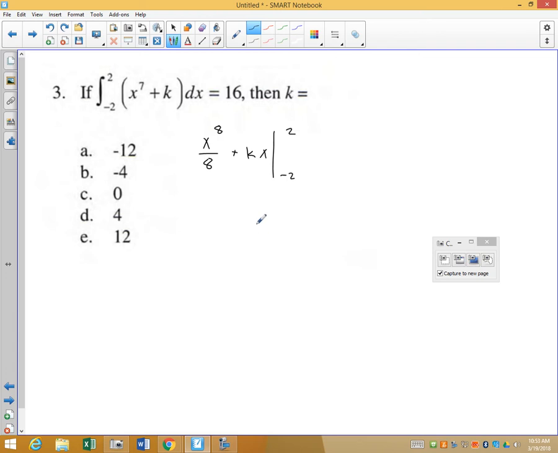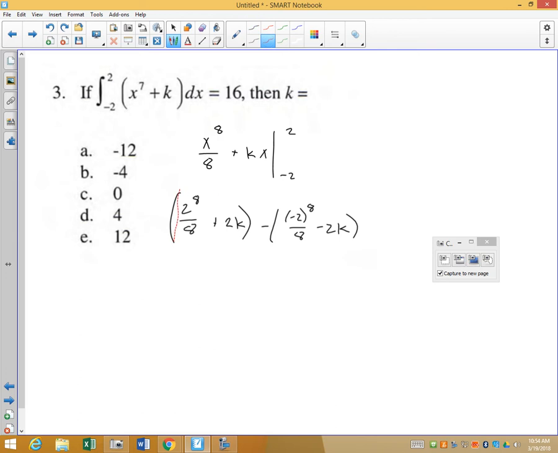Right. And then we plug in. So 2 to the 8th over 8 plus 2 times k, minus, plugging in negative 2, negative 2 to the 8th over 8 minus 2 times k. And what happens here that's so beautiful?